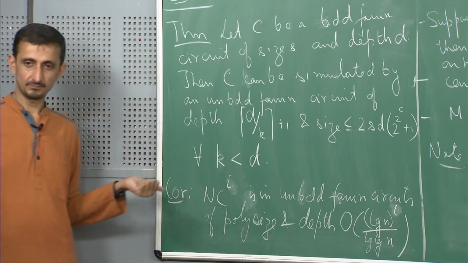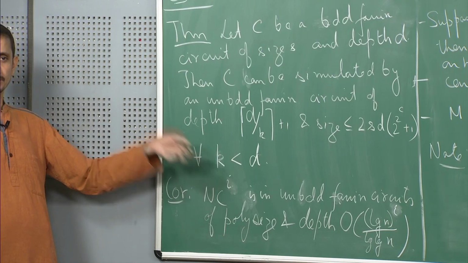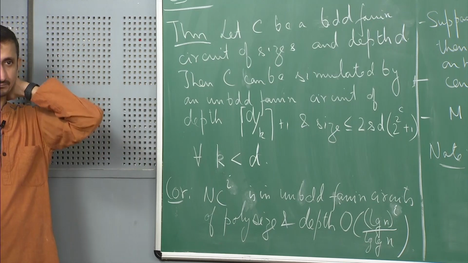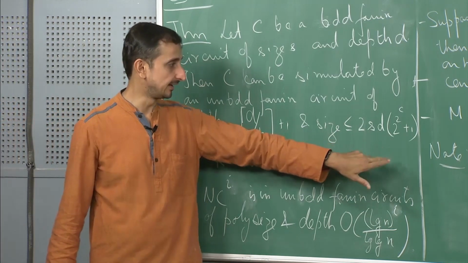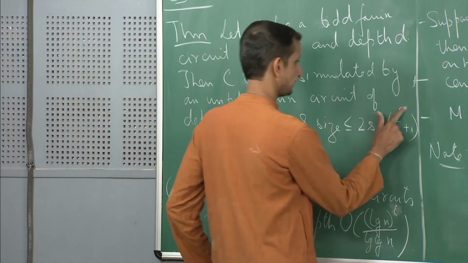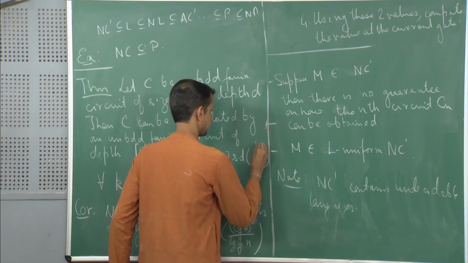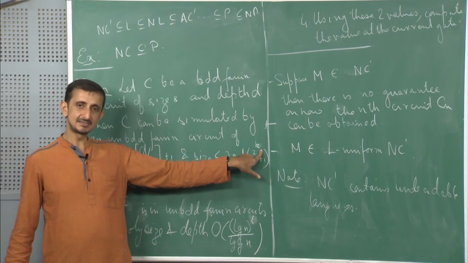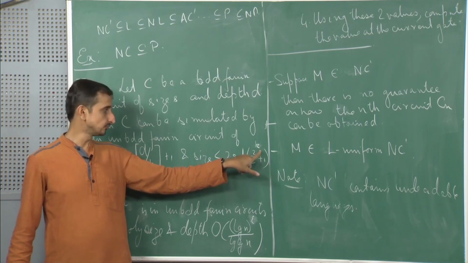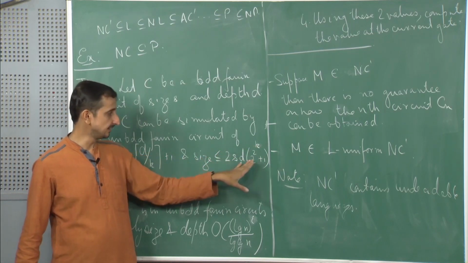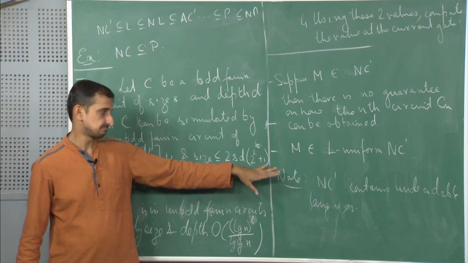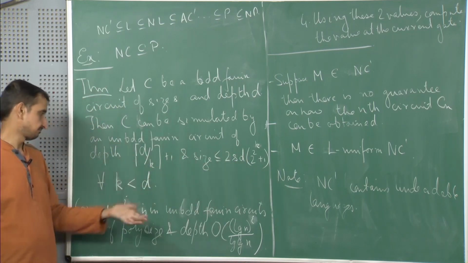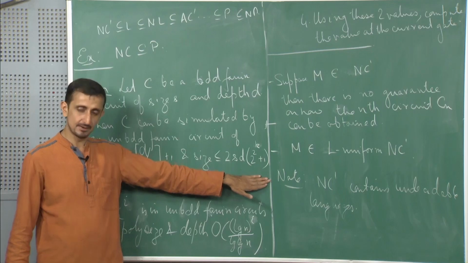And how can I do that? What is the K that I will choose? Exactly. I will choose K to be log n. Then 2^(2^K) is 2^(2^(log n)), and 2^(log n) is n, so I have 2^n... wait, with this choice the size is bounded by a polynomial since S is polynomial and depth is bounded by a polynomial.